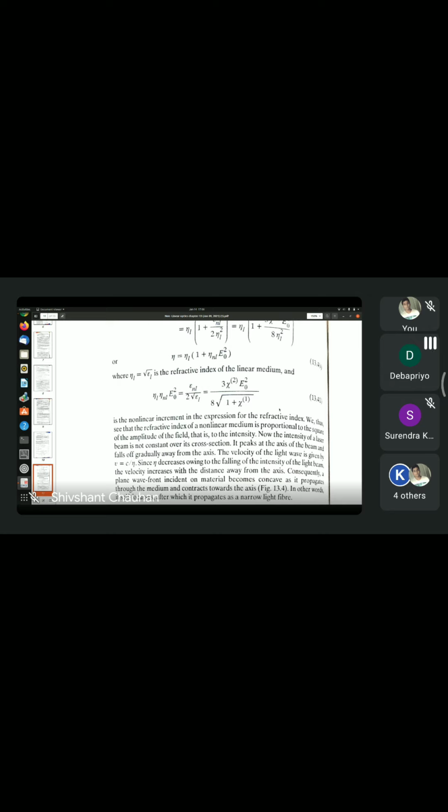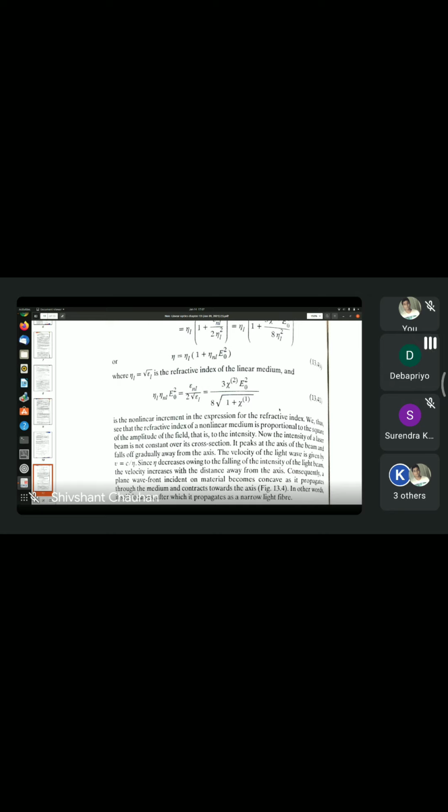What it means is that the amplitude of the electric field associated with the central portion of the laser beam is larger than the amplitude of the electric field associated with the peripheral region. E0 on the axis is larger than E0 in the peripheral regions. If that be the case, then the correction term is large in the central region but not so large in the peripheral region.